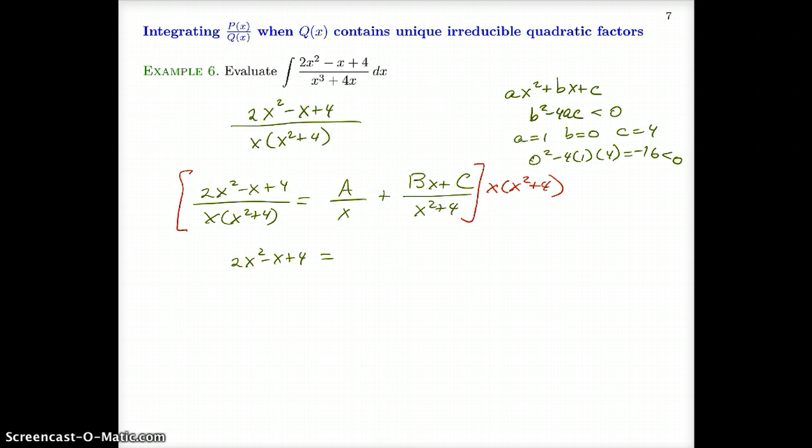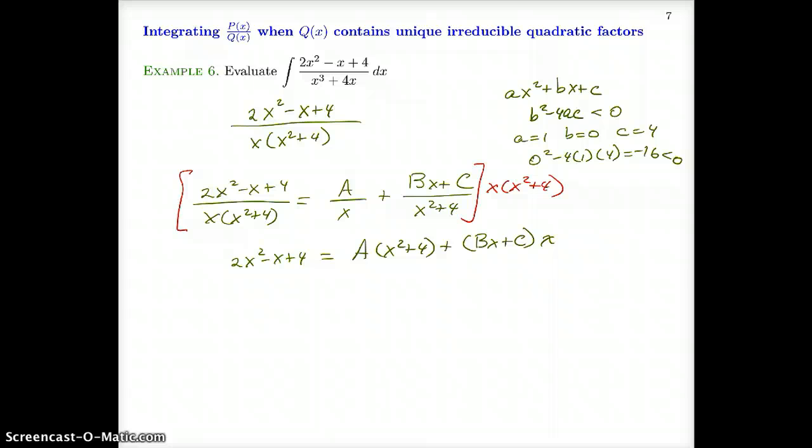And then when we distribute the x times x squared plus 4, for the first term, the x cancels, and we get a times x squared plus 4. And for the second term, the x squared plus 4 cancels, so we just get bx plus c times x. Okay. And then we could put in values of x to simplify and find a, b, and c.